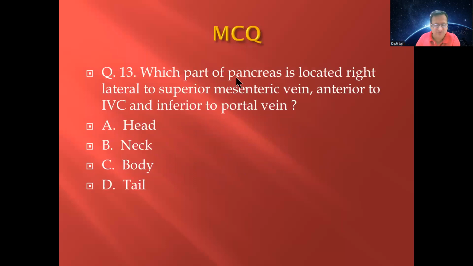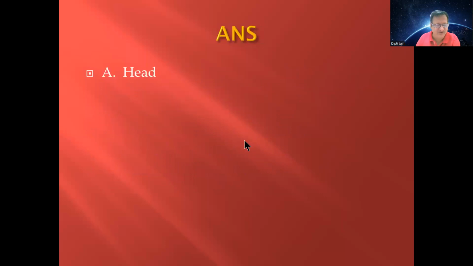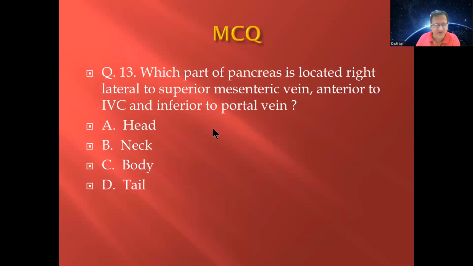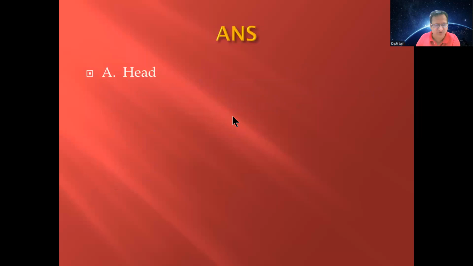Which part of the pancreas is located right lateral to the superior mesenteric vein, anterior to the IVC, and inferior to the portal vein? So the answer is head. Head is situated right lateral to the superior mesenteric vein, anterior to the IVC, and inferior to the portal vein.